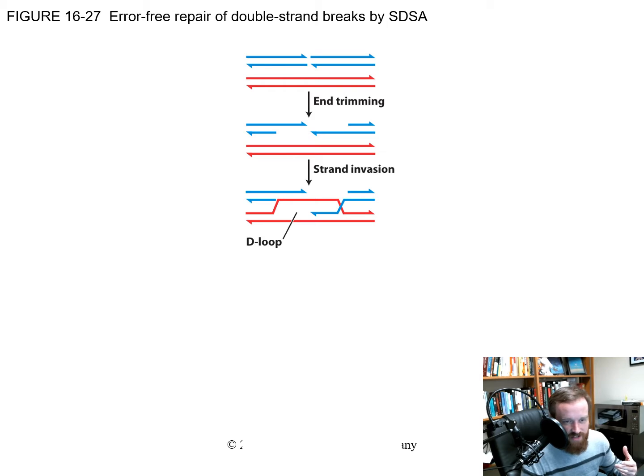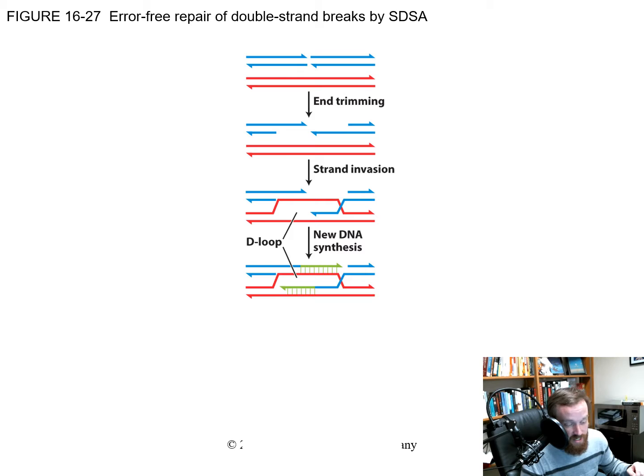And so what strand invasion is, those single-stranded overhangs that we left are able to kind of work their way in and dislodge and bind to the complementary strand on this opposing complete chromosome. And from there, we have these double-stranded components here on both sets of the chromosomes, the blue and the red chromosomes.